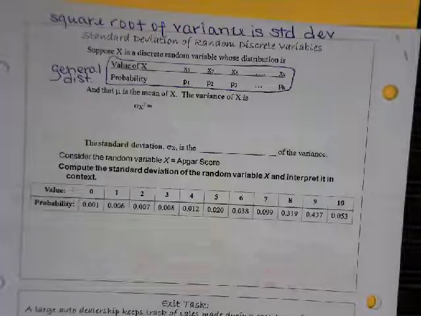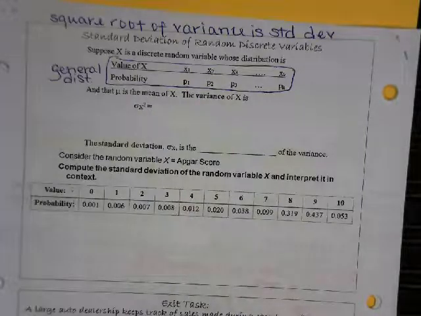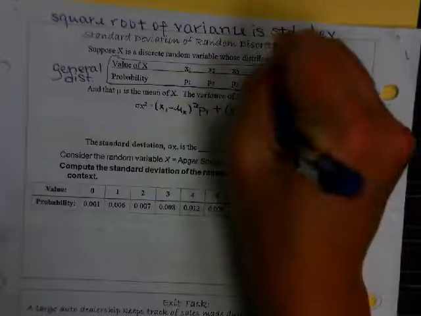So we would have our first value of x minus the mean of x squared multiplied by its probability plus the next value of x minus the mean squared times its probability, through the whole list. Oops, forgot my square.